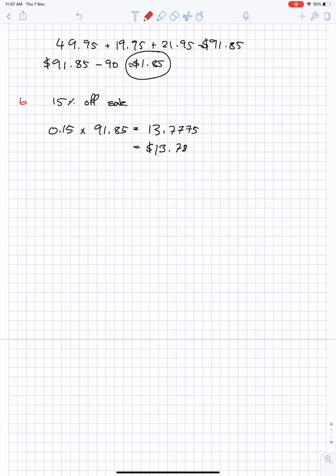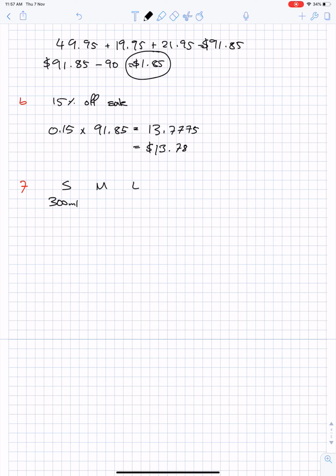Question 7. McDonald's sells thick shakes in 3 sizes. So you got small, medium, and large. A small thick shake contains 300 milliliters.